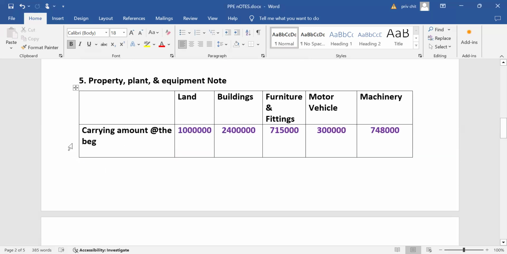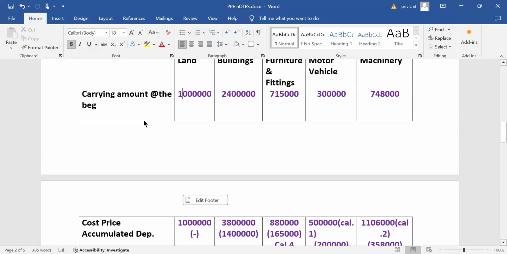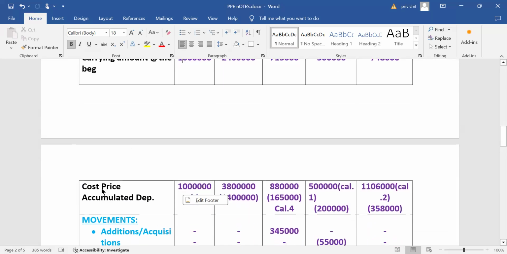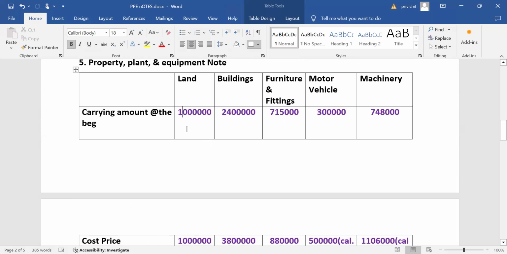And then in the first column, with the rows, this is where you'll be indicating, for instance, carrying value at the beginning of the year, followed by the cost price, and then the accumulated depreciation, which has to be subtracted from the cost price in order for us to obtain the carrying amount at the beginning of the year.